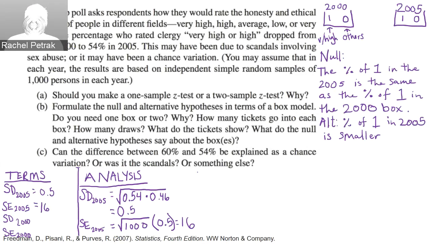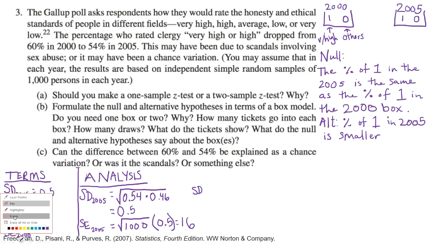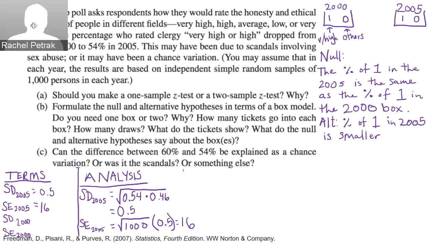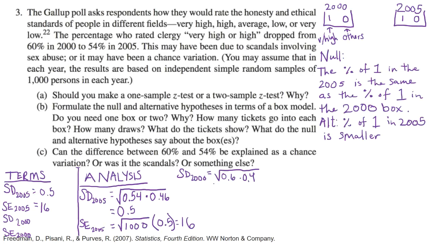We repeat this process for our 2000 data. We'll move it up here because we don't have much space on this one. We get our SD for 2000 by using the proportions like we did before. We have 0.6 and 0.4. Did this all in one step earlier.